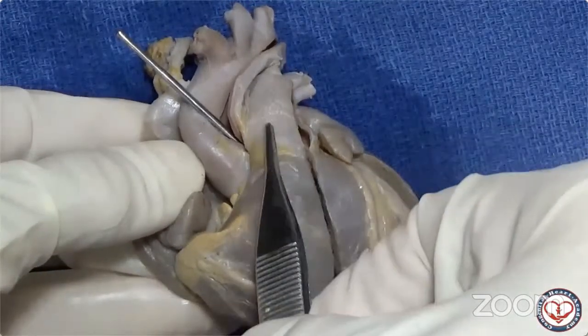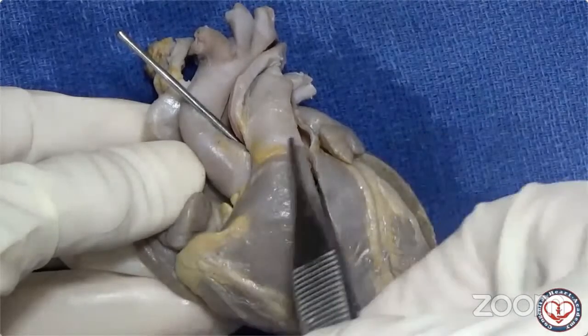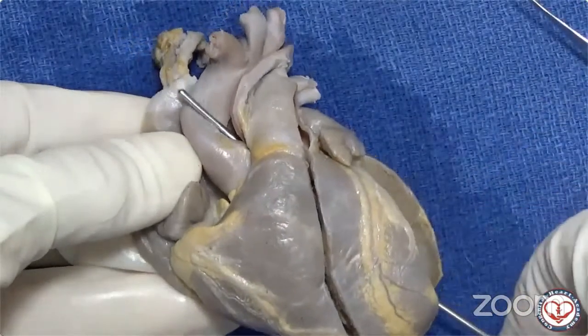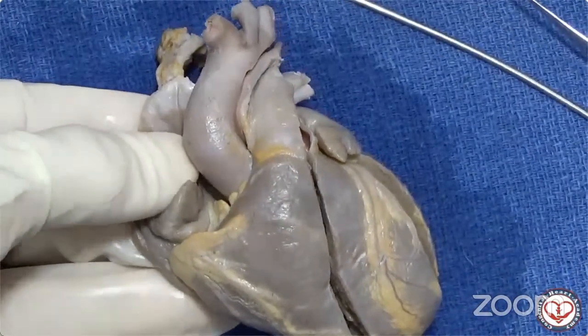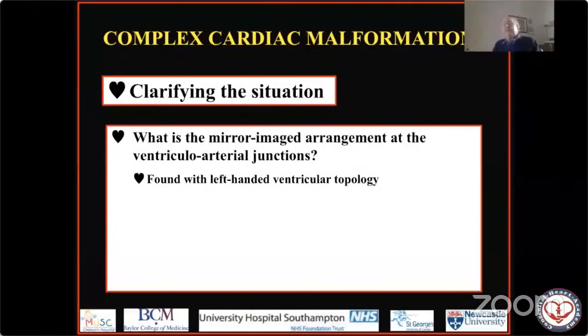So effectively, this shows us the nice spiraling of our arterial trunks as they extend into the mediastinum. So now you understand the usual arrangement, situs solitus, if you will.